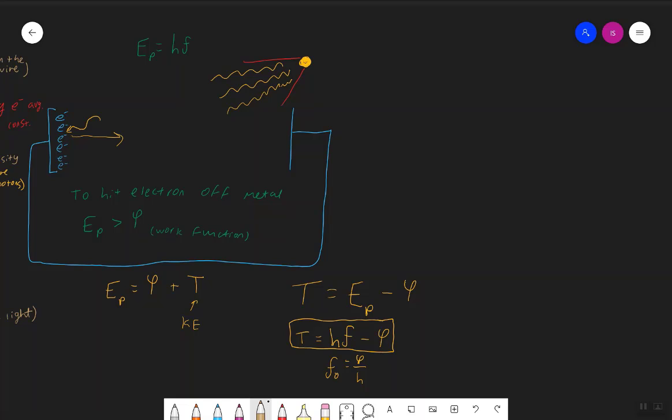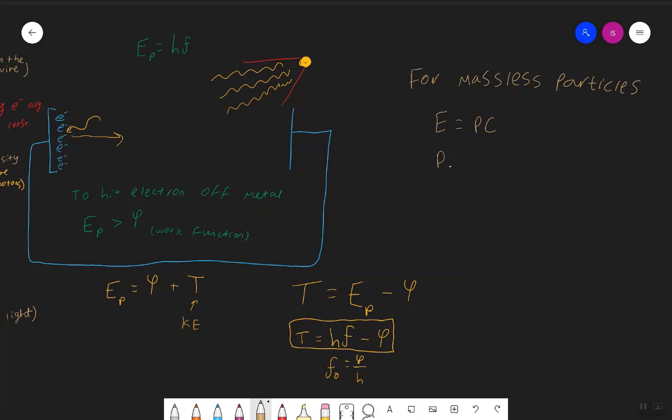This is for massless particles only. Einstein's theory of special relativity tells us the energy of a particle is related to its momentum by E equals pc, where p is momentum and c is the speed of light.